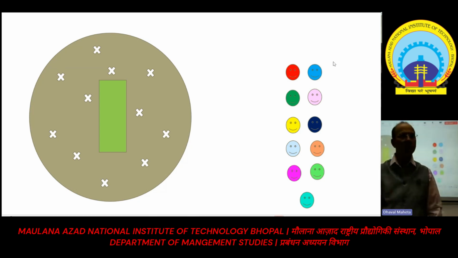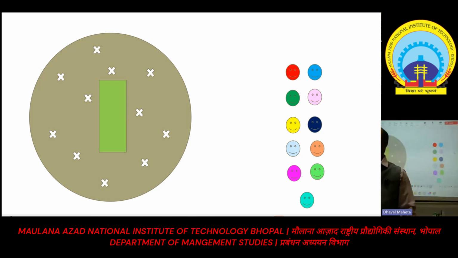Eleven positions are there. Now for the captain, for the first player, how many options are open? Let's say all of them are in the box and the captain has to decide. For the first player, how many options are open? 11. Okay.